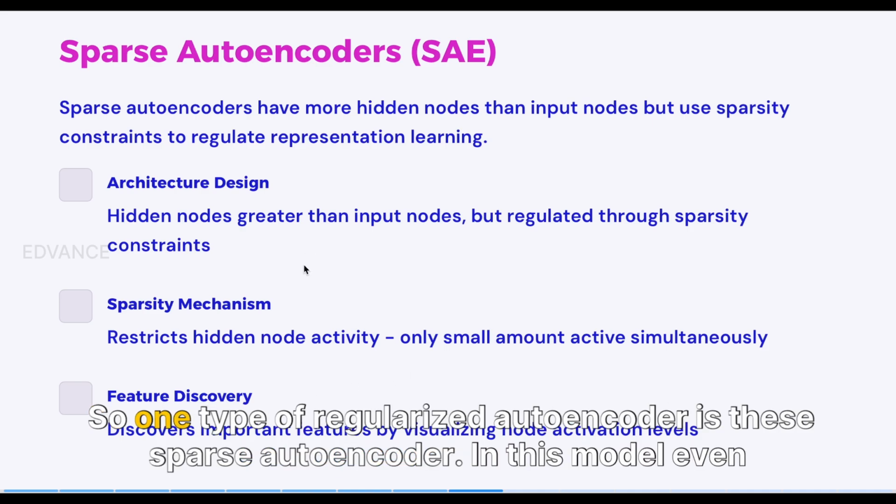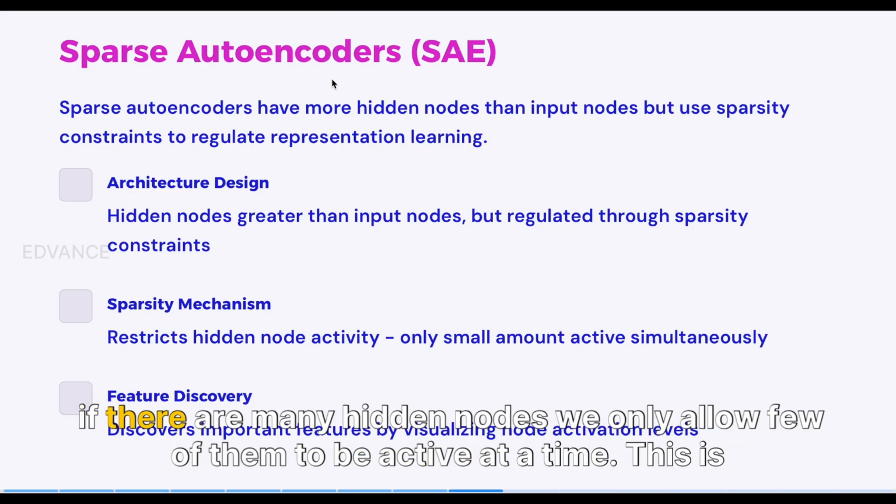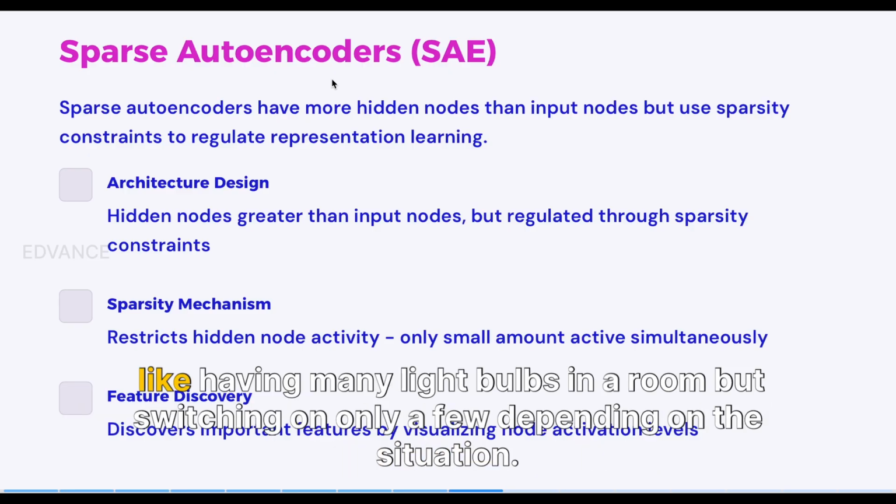One type of regularized autoencoder is the sparse autoencoder. In this model, even if there are many hidden nodes, we only allow few of them to be active at a time. This is like having many light bulbs in a room but switching on only a few depending on the situation.